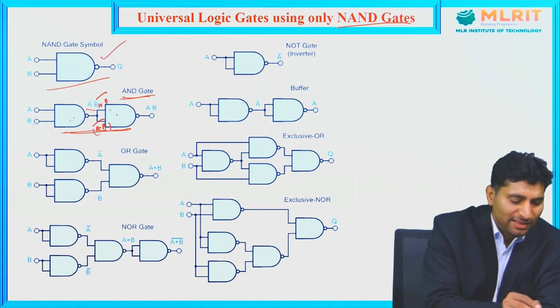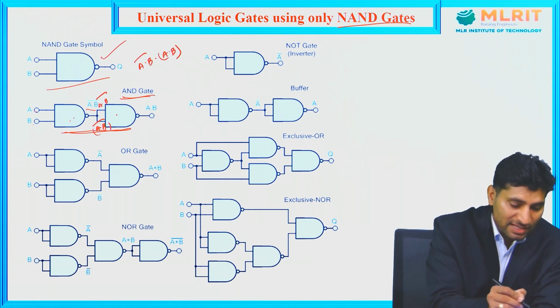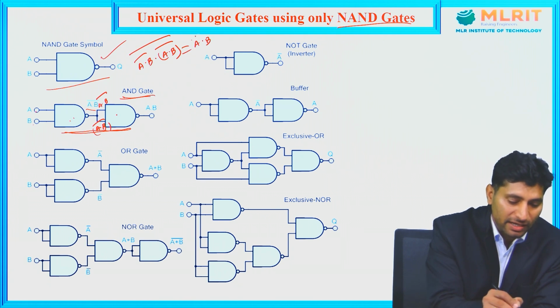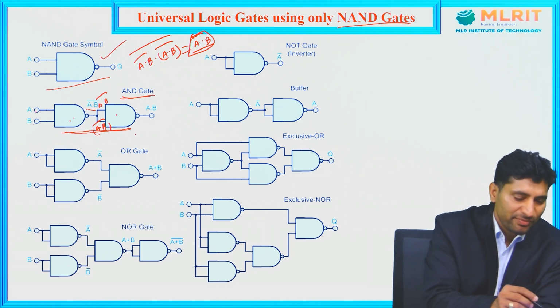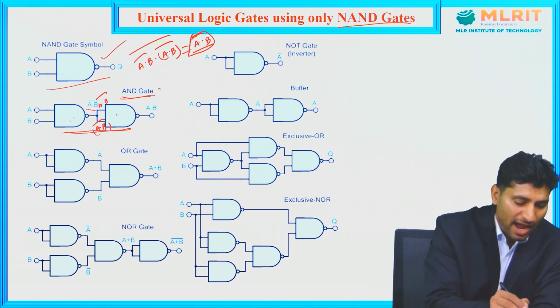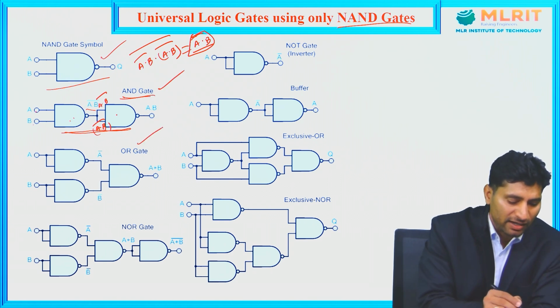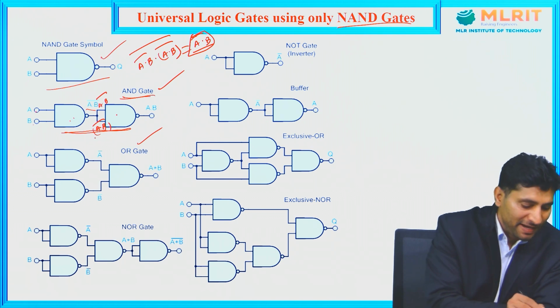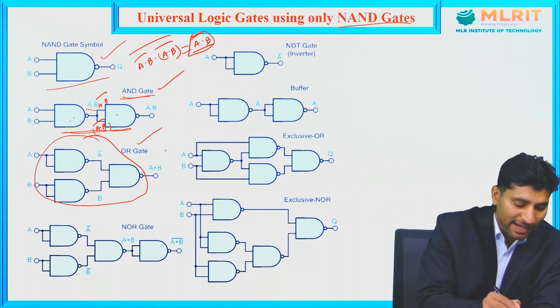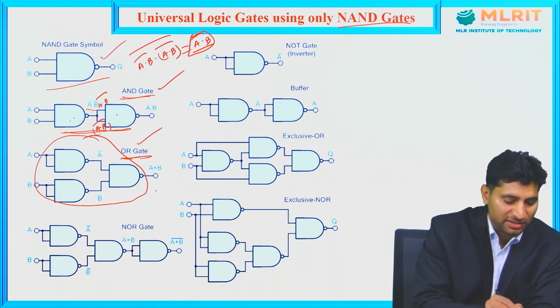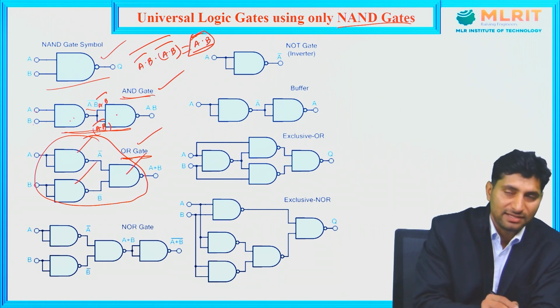And if you apply this to this NAND logic gate, it will give A dot B as per De Morgan's theorem. So, not only this AND gate, I can implement an OR gate. If I connect in this fashion, I can get an OR gate implementation using only NAND logic gates.